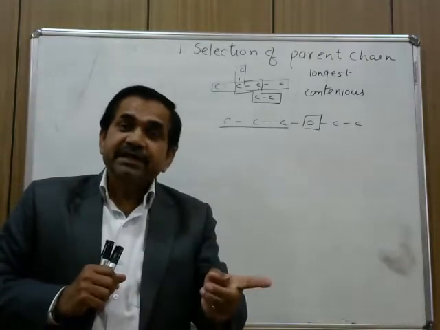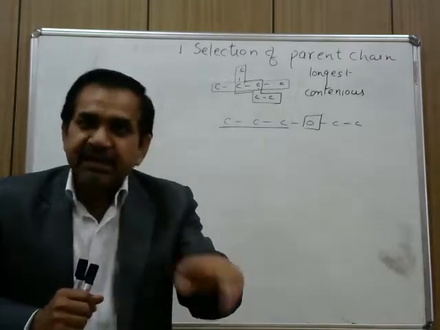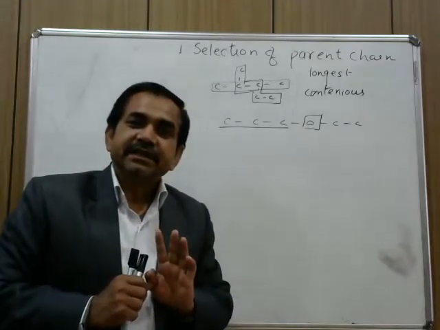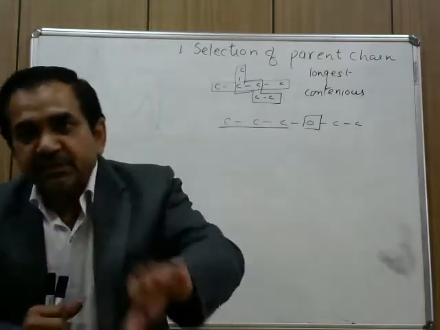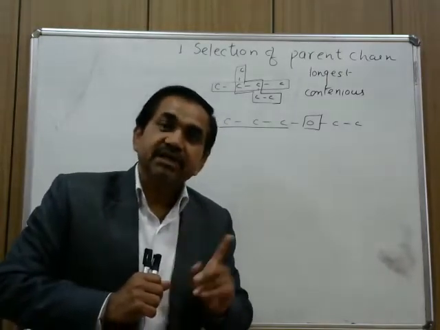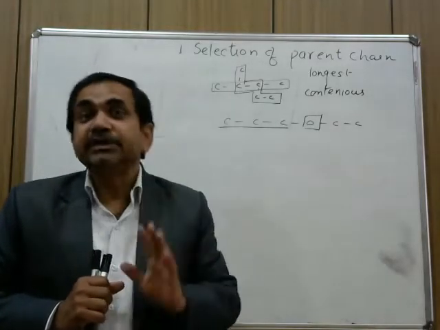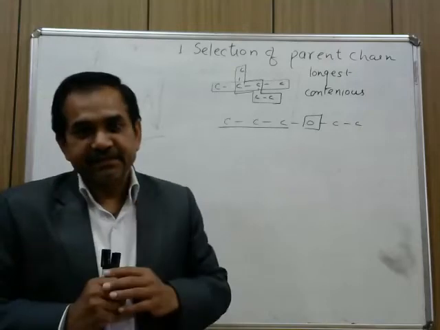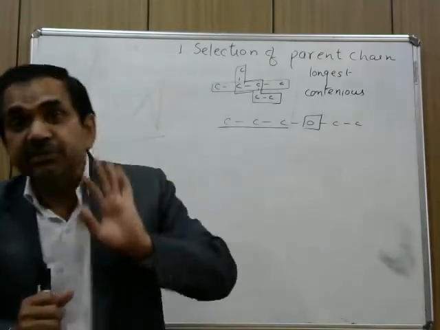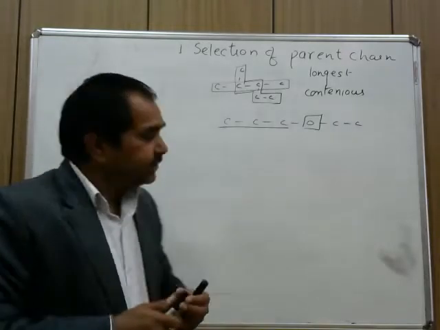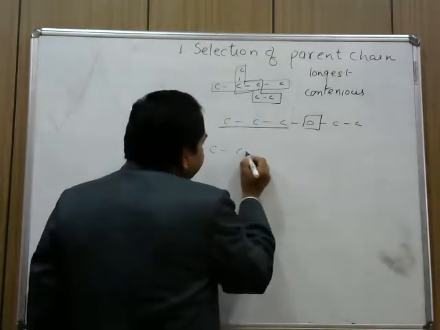If compound contains a functional group that also has got a carbon atom in it, then carbon atom of functional group should also be included in the chain, and it should also be counted for chain length. Carbon atom of functional group cannot be excluded. Say for example, I have a compound wherein we have this type of chain.